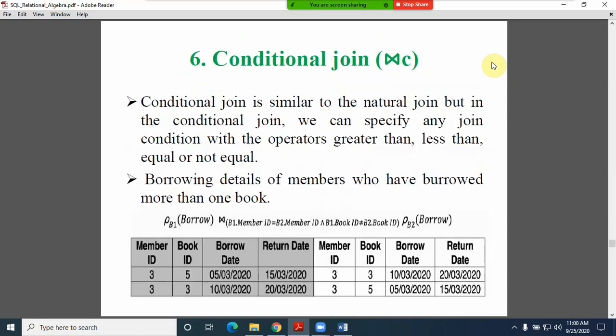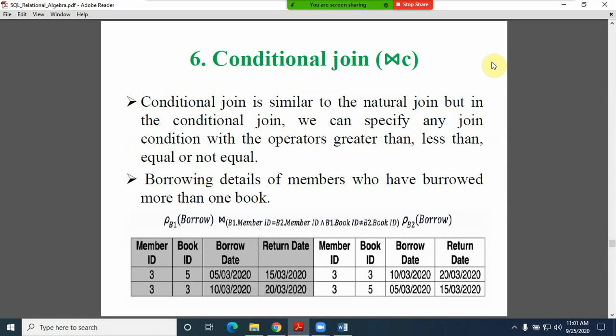So the output is 3 only, with member id, book id, and you can observe here, friends, member id, book id, borrow date and return date along with the member id, book id, borrow date and return date. Likewise we are representing all the books he has taken.